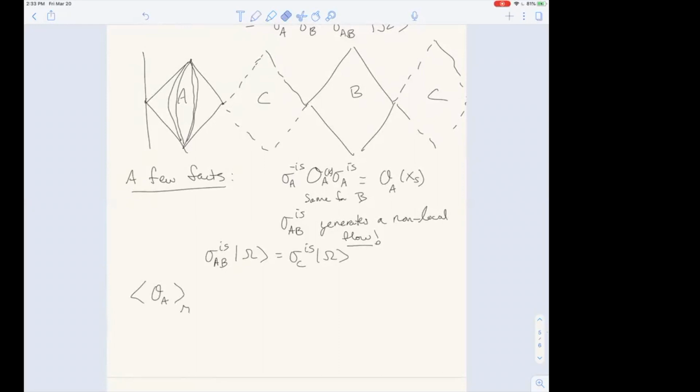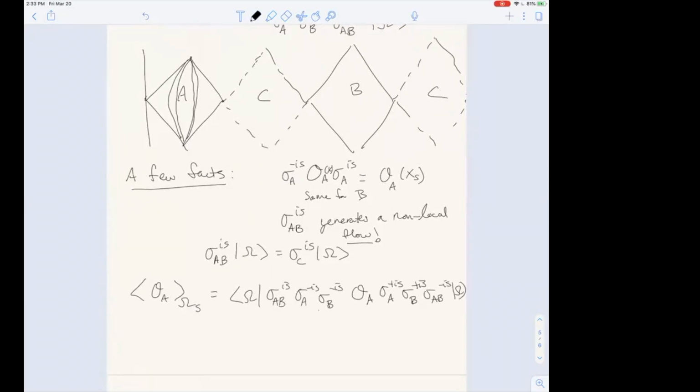So this is just equal to sigma_AB^{is} sigma_A^{-is} O_A sigma_A^{is} sigma_AB^{-is}.